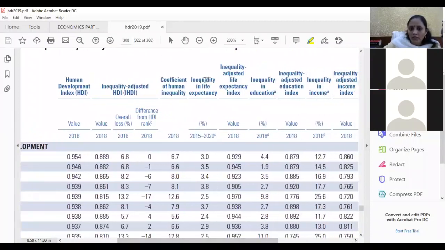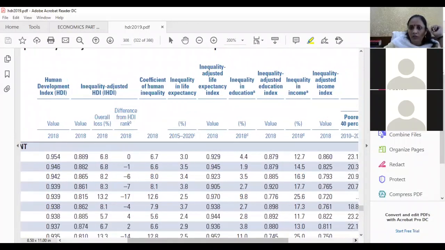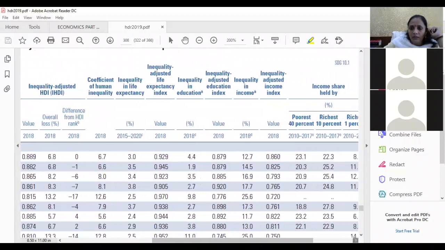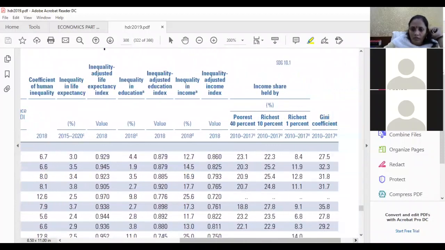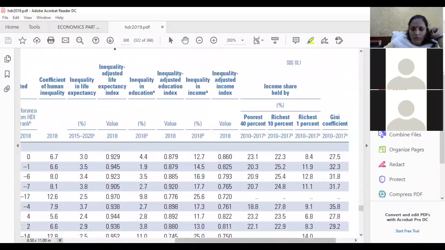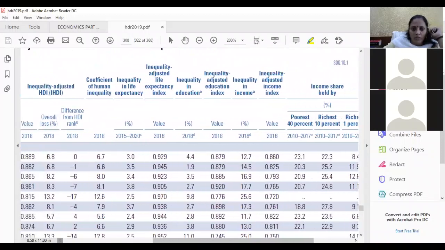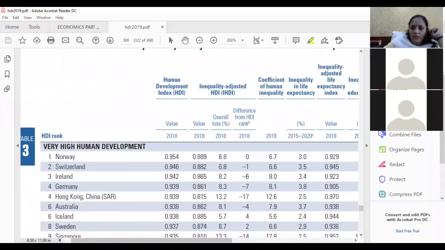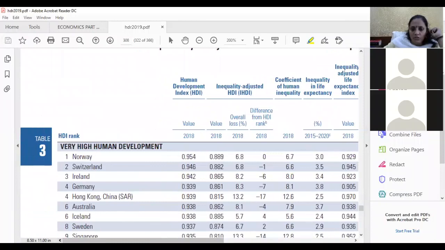So they have adjusted the inequality in life expectancy, in education, in income, everything. And then this Gini coefficient and all, after I teach you, I'll tell you. But as of now, we just have to see whether its rank position has changed. Actually, it is not very different from the HDI rank.